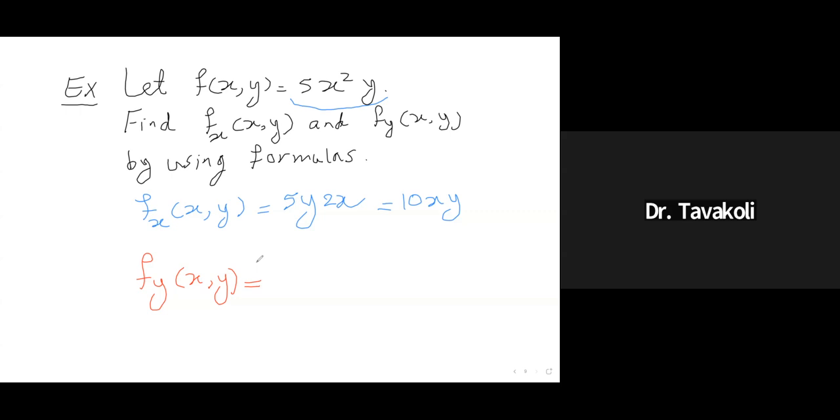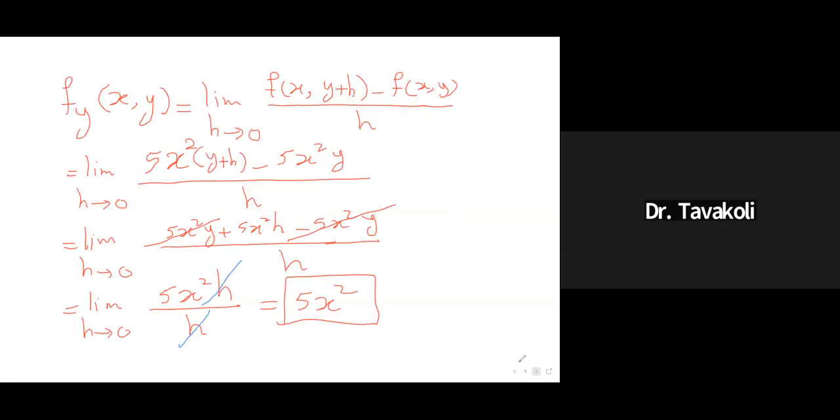So in the original function, 5x squared y, that 5x squared is like a constant times y. So a constant times y, the derivative with respect to y is just that constant part. In this case, just 5x squared. So I dealt with x squared as a constant, and y was the variable. This is exactly the same answer that I got by using the definition.